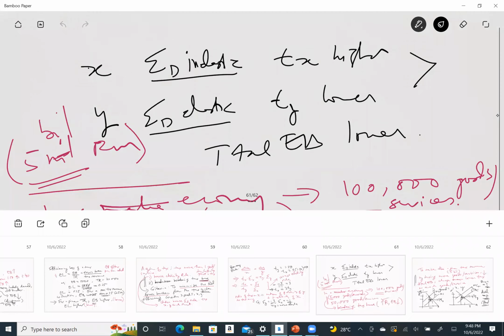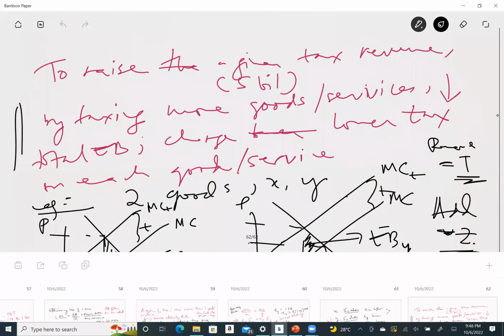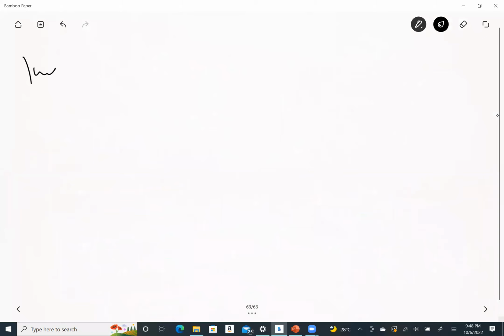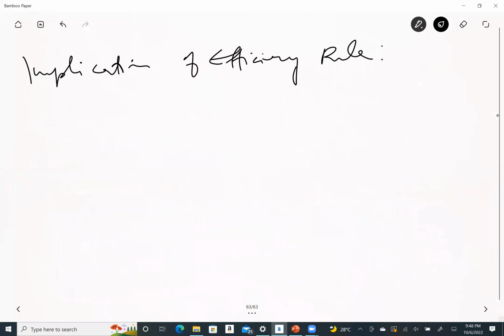Now, if you look at the economy as a whole, you look at distribution of income. So now, the implication of the efficiency rule. Economy as a whole, you have distribution of income.